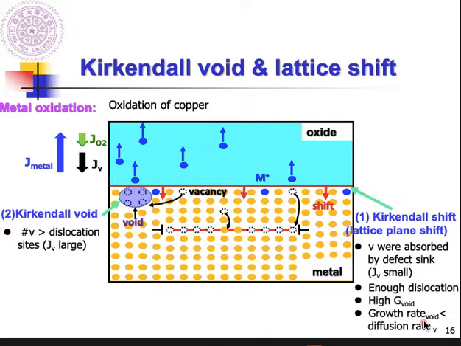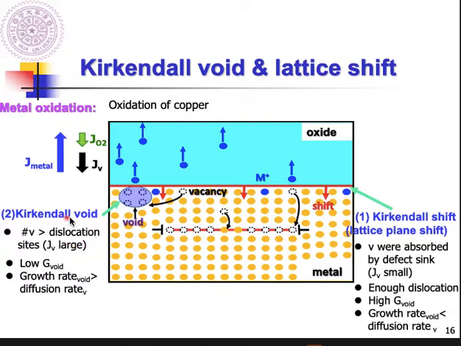Or if the growth rate of a void is slower than the diffusion rate of the vacancy through these metal materials, then the vacancy will prefer to move and replace the atoms instead of accumulating and forming the void.